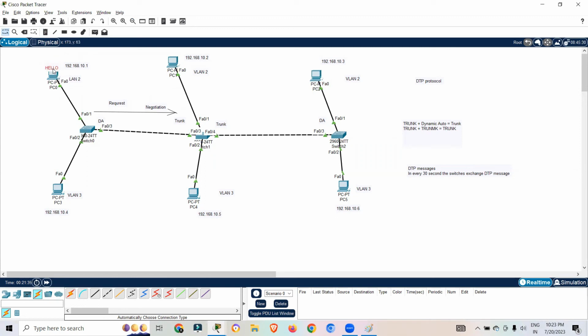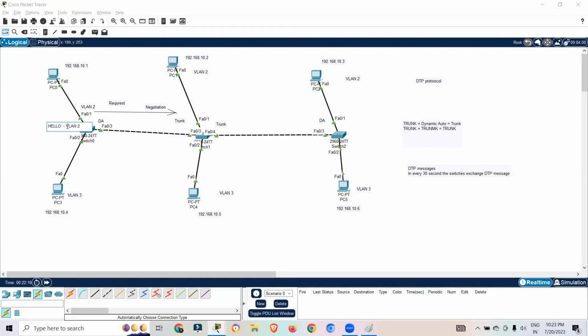Can anyone tell me whether this PC has any VLAN information or not? No, because VLAN information is available at the interface. This packet will first be forwarded to this switch, and here this switch will add the VLAN information.